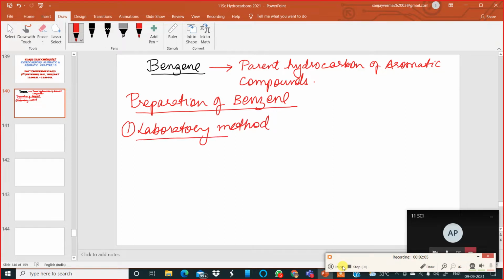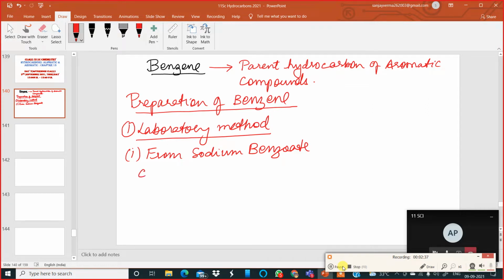Laboratory method: in the lab, how to prepare benzene, by using which chemicals. In the laboratory, we can use the following reactions. Number one, from sodium benzoate. You can obtain benzene from sodium benzoate, C6H5COONa.